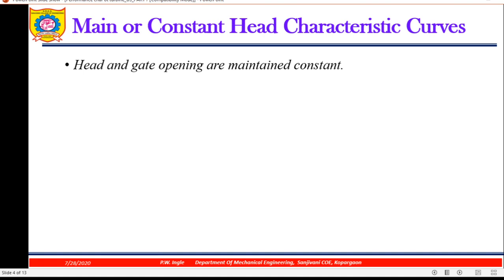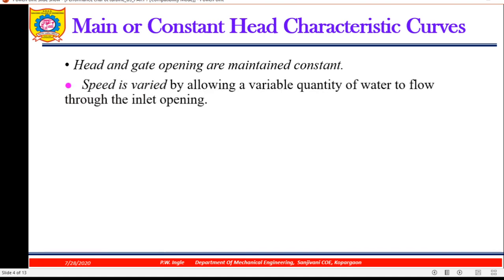Here the gate openings or heads are maintained constant. In the case of a Pelton turbine, gate opening means, suppose, 25% of the water is going to the turbine, which indicates 25% opening. In a Pelton turbine we can maintain this by rotating the hand wheel, and there will be a forward motion of the needle or spear rod inside the nozzle, and it will control the flow.